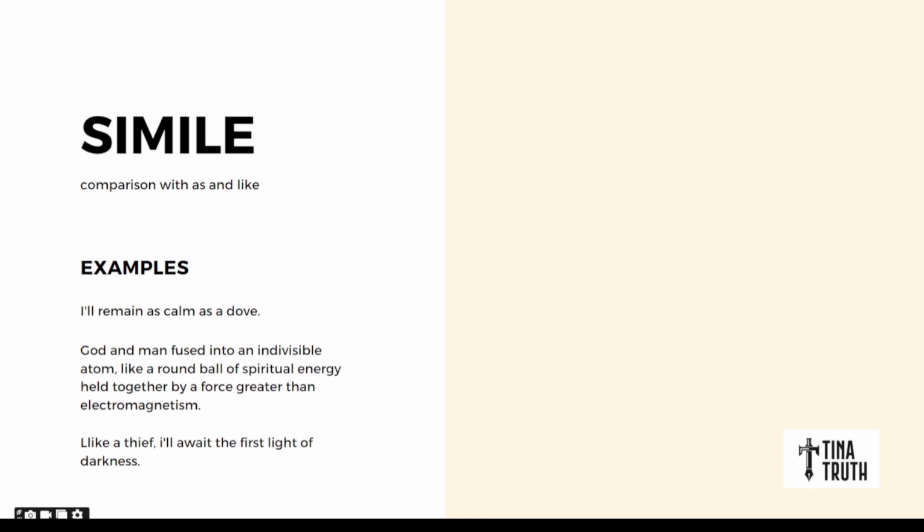You can compare a whole story to another story. It is a simile. Here I have compared two sentences or two scenarios in this example. And the last one, I started with like. Try that, try it out in your poem. It's going to be beautiful, and it's also going to give you dynamic.